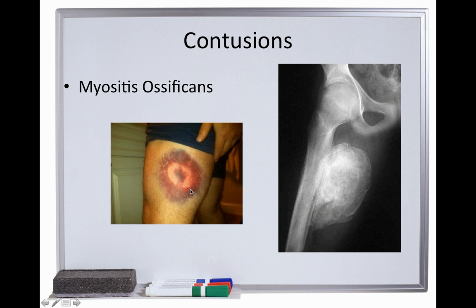So we are doing controlled mobilization, trying to keep that tissue moving so that you have good blood flow and you're able to get white blood cells in there to clean this up and move stuff out. If not, and if you have repeated contusions, that cellular debris hangs out in there and starts to ossify, and you can get myositis ossificans. So that's a development of ossified tissue, so bony tissue within the muscle from repeat contusions.